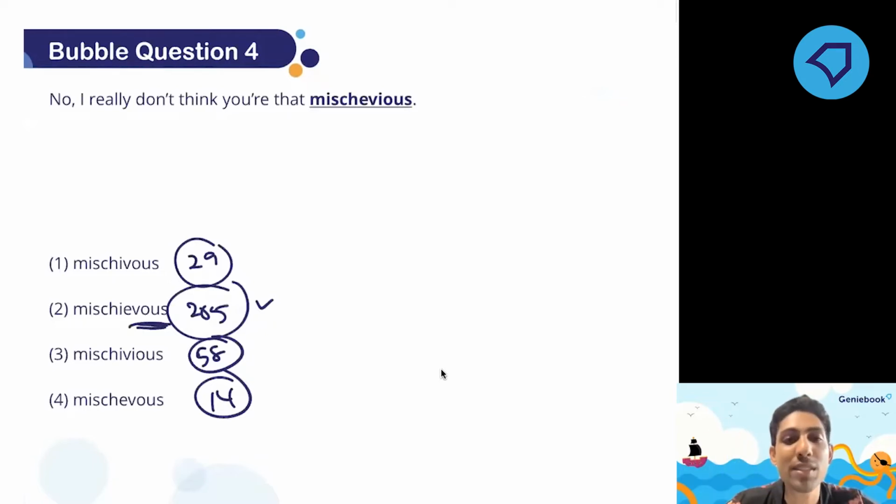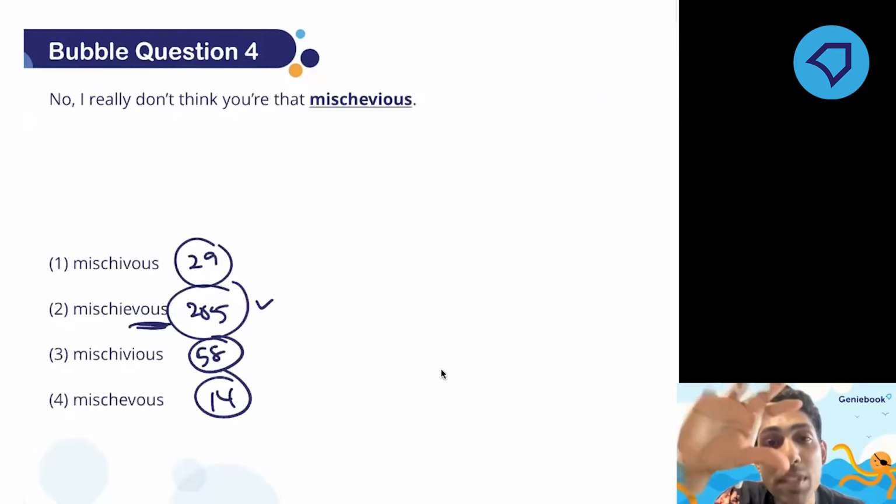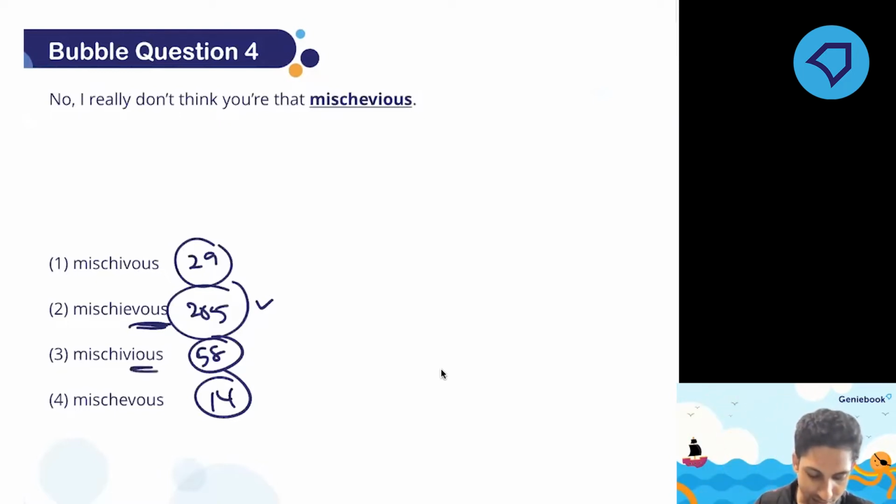So do you know what happens? A lot of Singaporeans say mischievous. No, no. It's not obvious. Mischievous. That's why a lot of them spell it wrongly. Like all 58 of you who got this wrong.